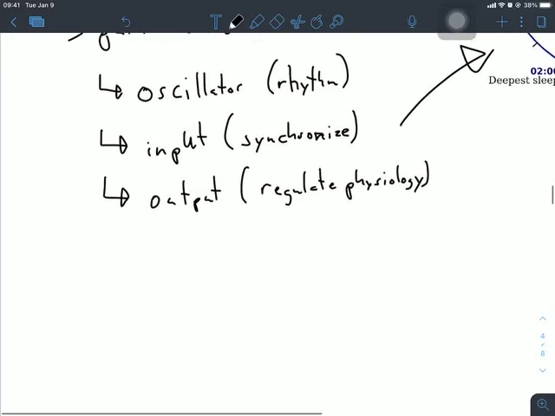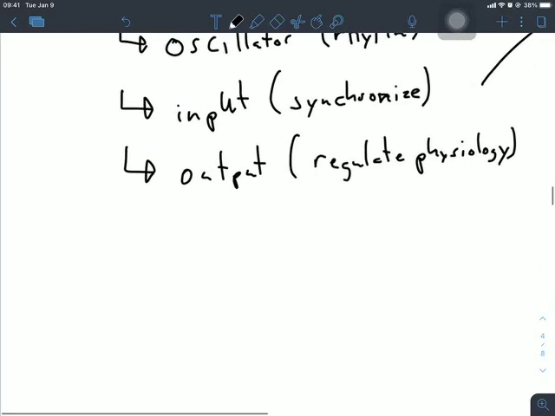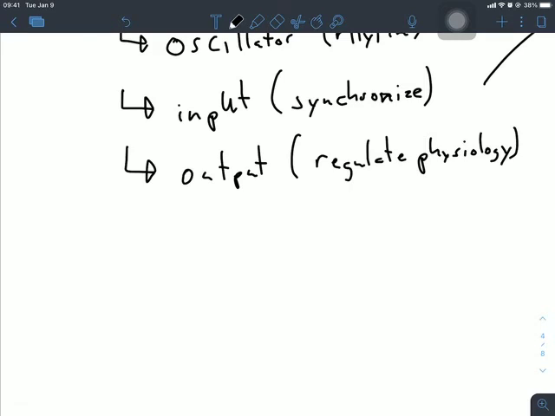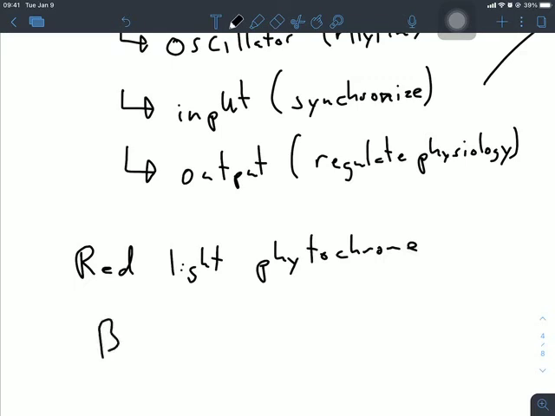In plants, the things that are perceiving our day length changes are red light phytochromes and blue light cryptochromes.